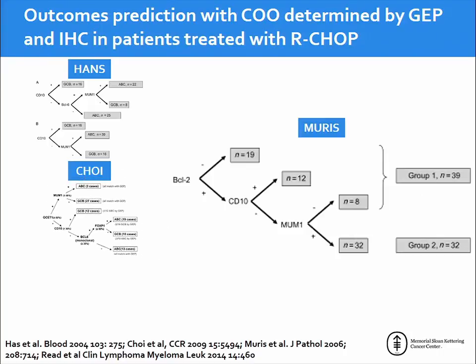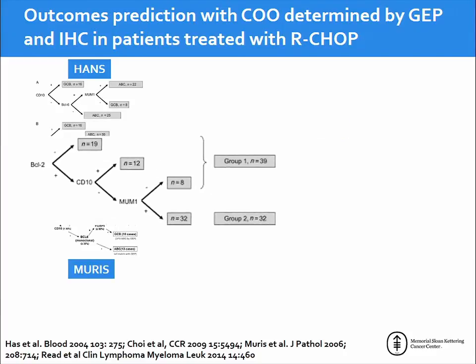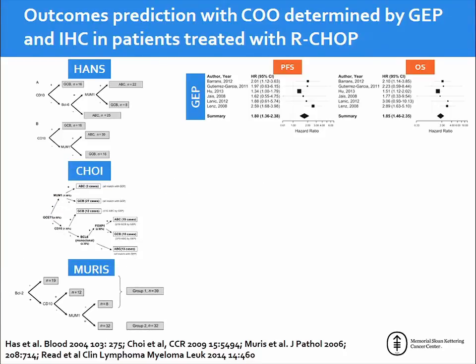There is another very easy model, again, based on very standard antibodies, done in a different order. This order is critically important for the accuracy of the assay, and it's BCL2 rather than BCL6, then CD10, and then IRF4 MUM1. So let's look how these different models behave.